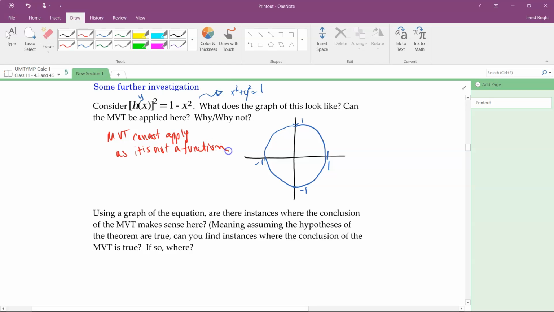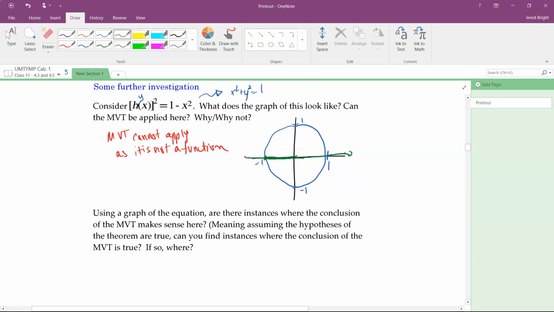But let's go a step further and ask, what about the conclusion of the MVT? Does it make sense here? If we are on this interval of -1 to 1, here in green would be the secant line, and the secant line slope is 0.